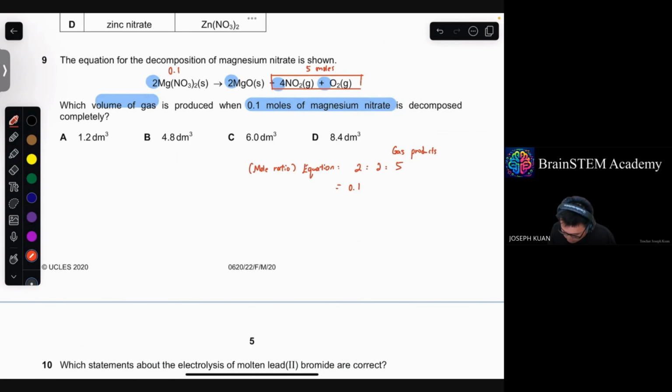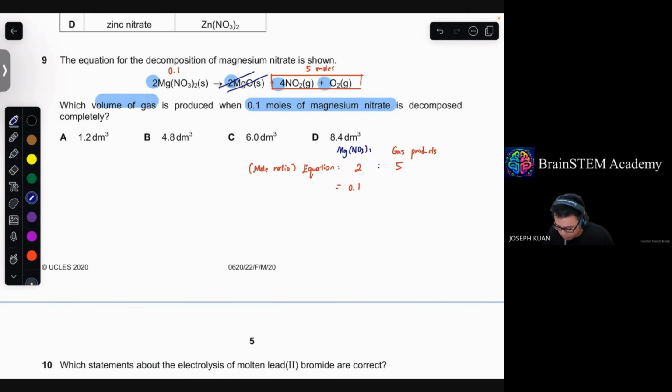We can ignore the magnesium oxide since it's not asked in the question, and erase that part of the mole ratio. So it's a 2 to 5 ratio from magnesium nitrate to the gaseous products.